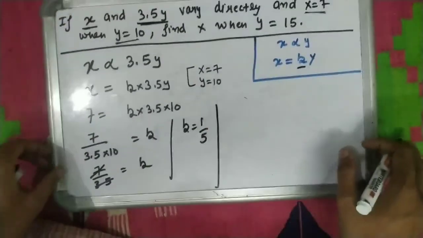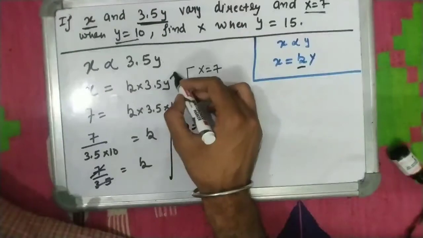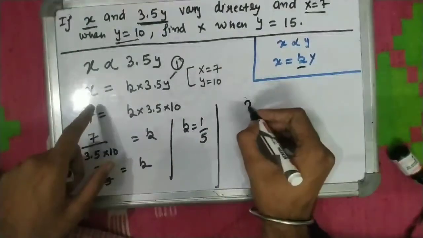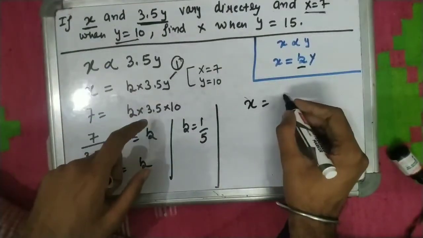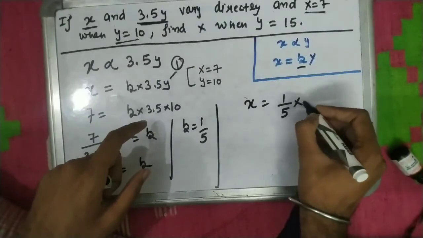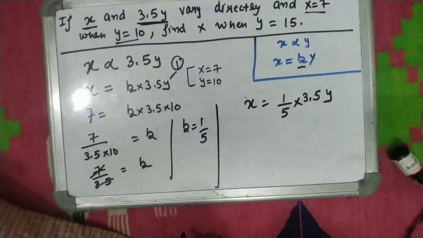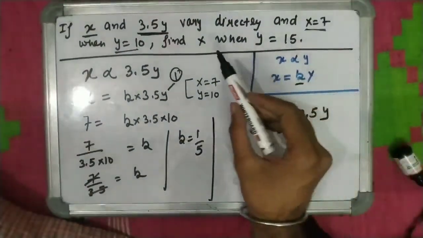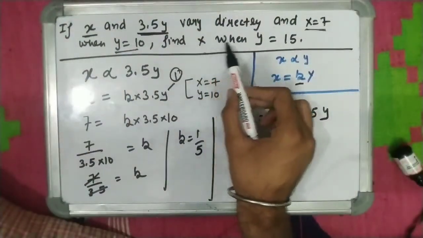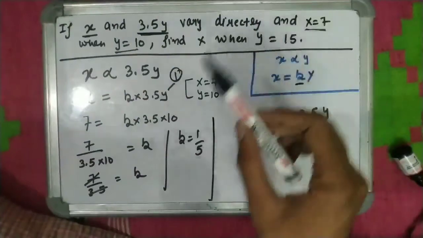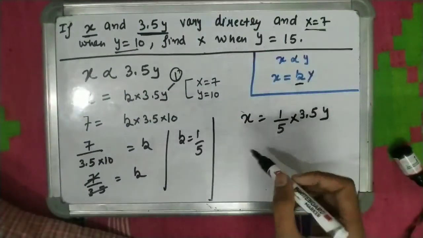Now from the first equation you get that x is equal to k, 1 by 5 into 3.5y. So now what do we need? We need the value of x when y is equal to 15. Now put the value of y, 15, here.